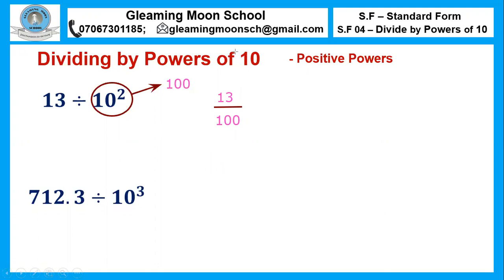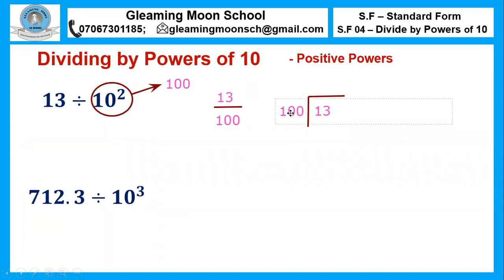Now, in order to do this, we are going to use the long division method to see how this division is actually carried out. So you draw your line, and inside you write 13, and then you write 100 because that's the number you're dividing 13 by. Okay, so you have 13 divided by 100.